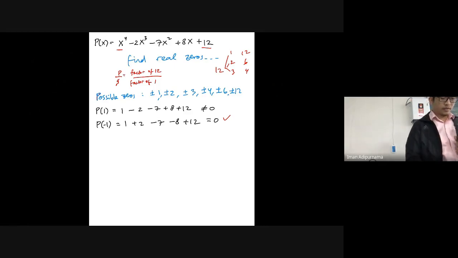But then, because it's a polynomial of degree 4, if you want to try 2, 3, 4, and calculate, that's up to you, but I don't want to do that, so just make a division. So 1, -2, -7, 8, 12. Let's divide this by -1 because we know that it's our zeros.